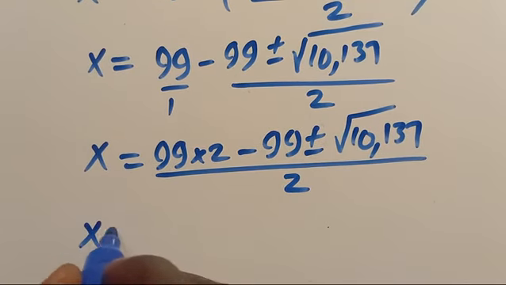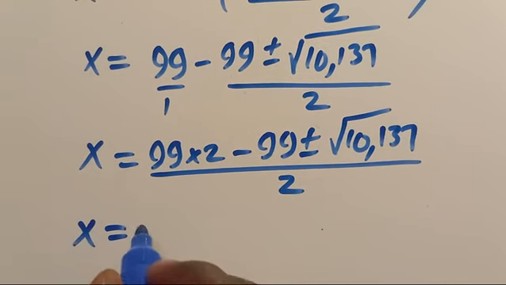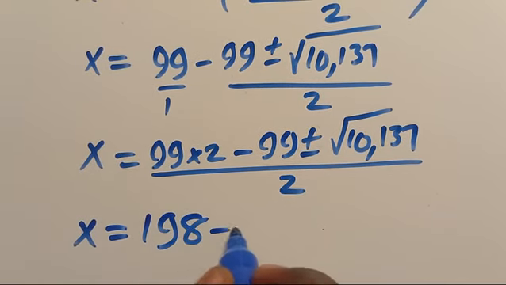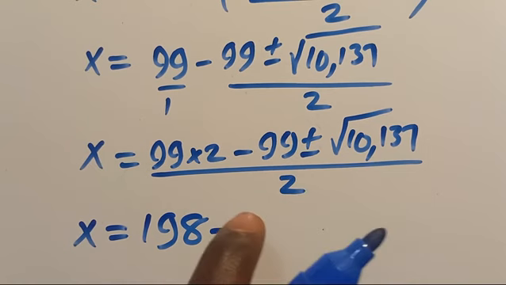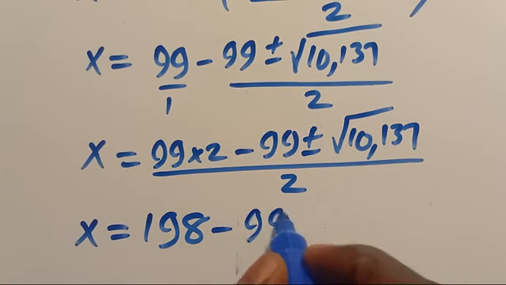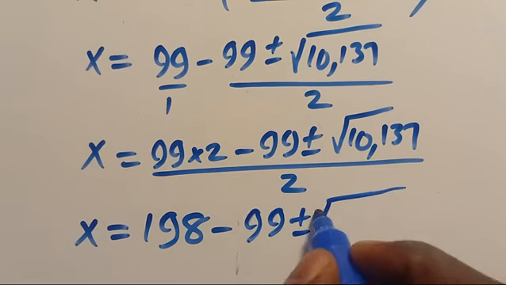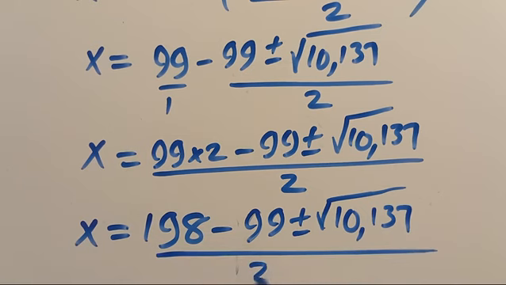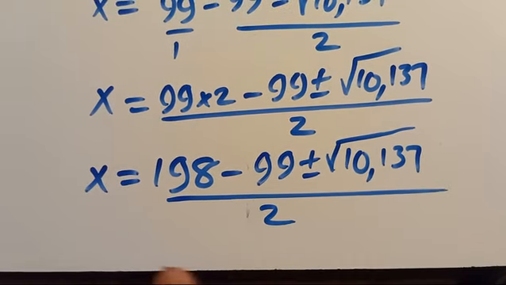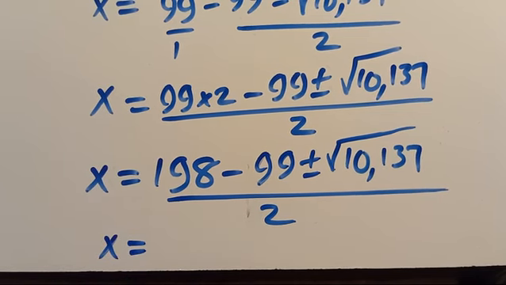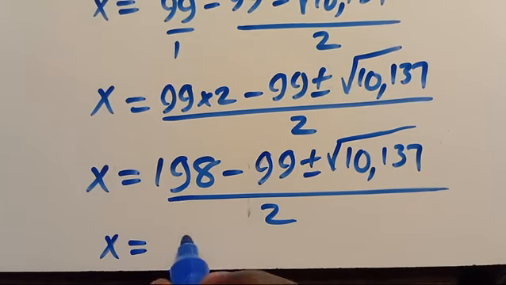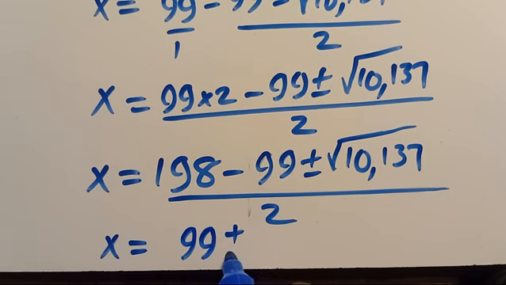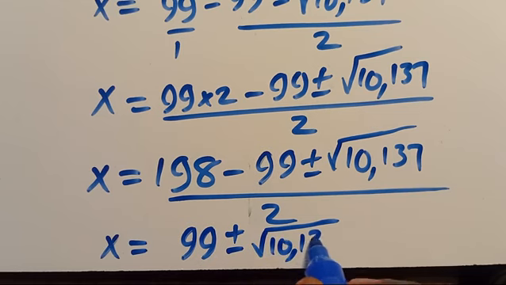So we have x equals 198 minus 99, positive or negative square root of 10,137 over 2. From here, 198 minus 99 will give us 99, positive or negative square root of 10,137 over 2.